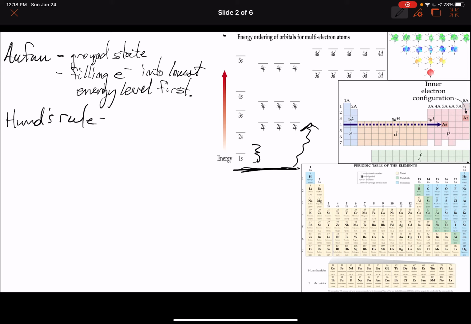Okay, so we'll see that through an example here as we build up a couple of electrons. But in short, if we can unpair electrons, we want to. Okay, so imagine a situation where we are putting electrons in the 2p options. We would want to position those electrons apart first and then pair up electrons after. Okay, so that's the idea there.